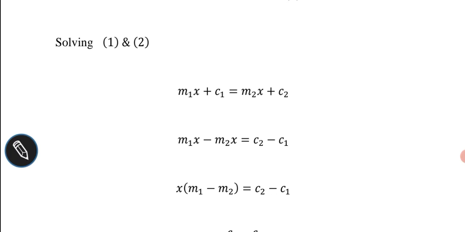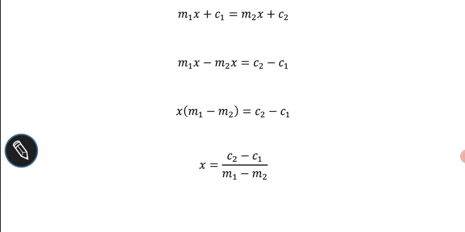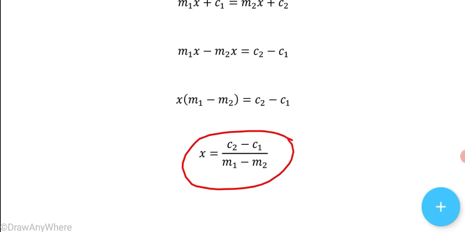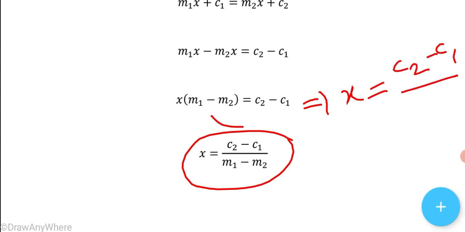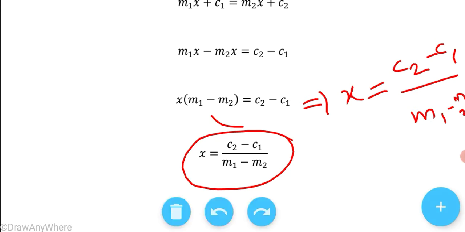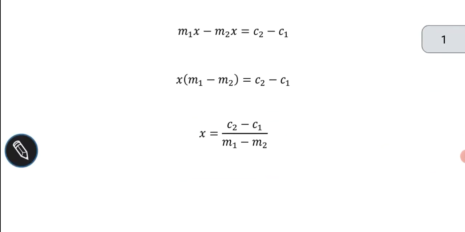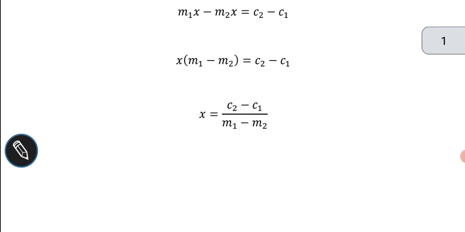From this we can find x equal to c2 minus c1 divided by m1 minus m2.